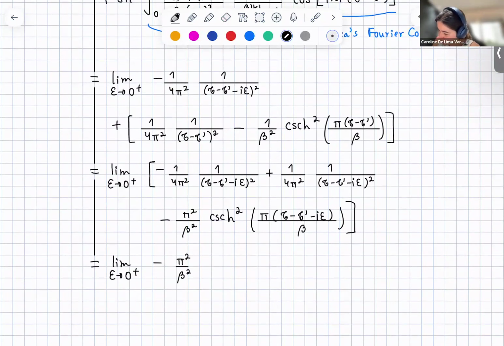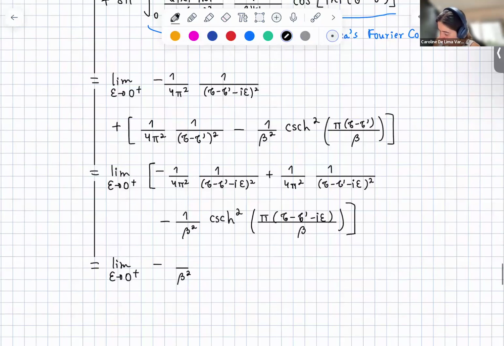Okay, I think this is just 1. Yeah, this should be 1. This is 1 times cosecant squared of pi times tau minus tau prime minus i epsilon over beta.